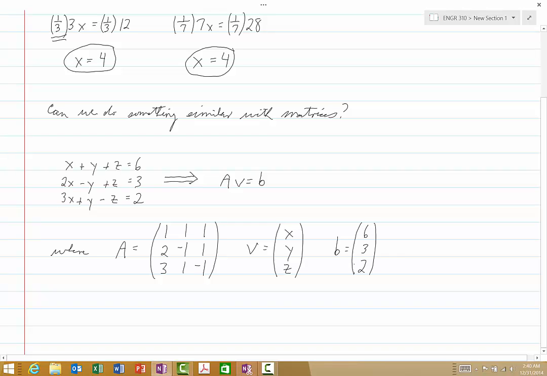And we've already discussed the equivalence of this matrix equation with this system of equations. We've already discussed that in Lecture 2. But if you look at this matrix equation right here, and keep in mind now that A is a known matrix and B is a known vector, V is the unknown. It has the unknown components x, y, and z.